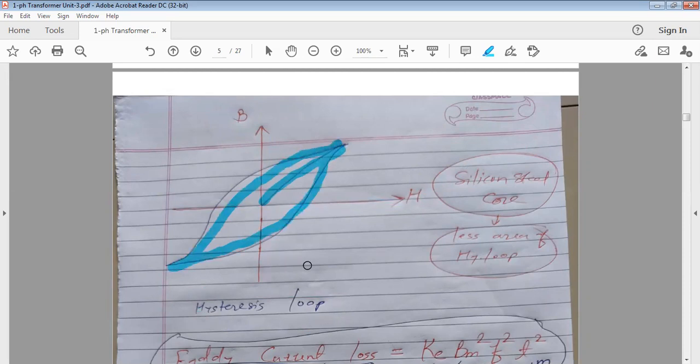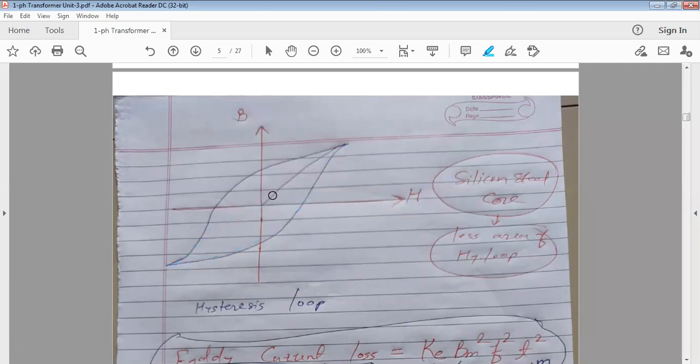This hysteresis loop is not in your syllabus. This is just for your information. Whatever the material for which you have to plot the hysteresis loop, take that material in the form of a square or rectangular core and wind one coil around it. Pass current through that coil first in the clockwise direction, then note down some parameters so that you can calculate B and H. Then pass the current through that coil in the opposite direction, note down the same parameters so that you can calculate B and H, and then plot it.